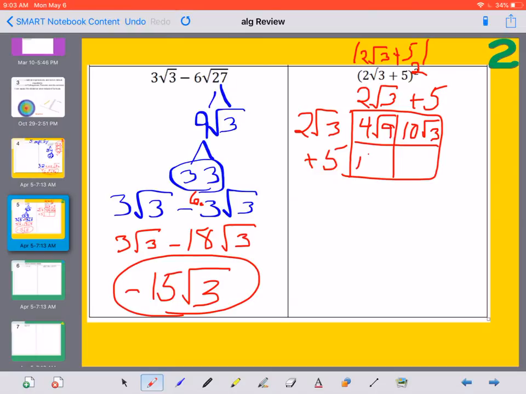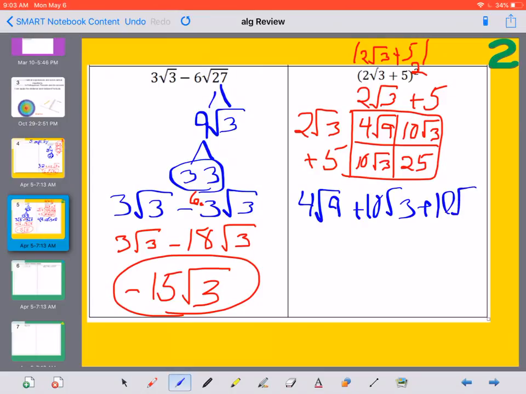I'm going to have 10 times the square root of 3 and then 5 times 5, that's 25. So if we write that out, what we have is 4 times the square root of 9 plus 10 times the square root of 3 plus 10 times the square root of 3 plus 25.